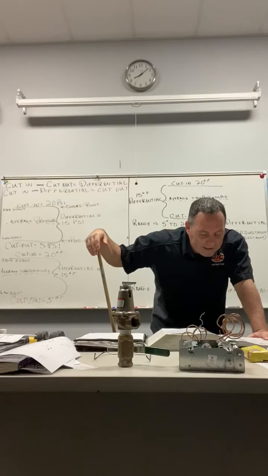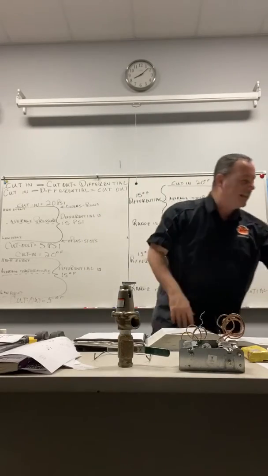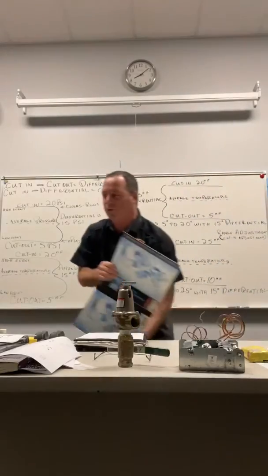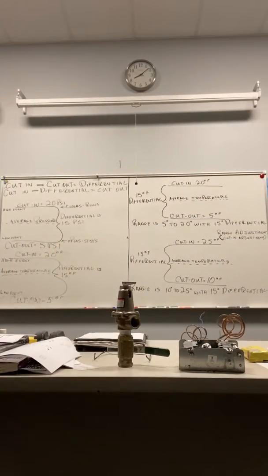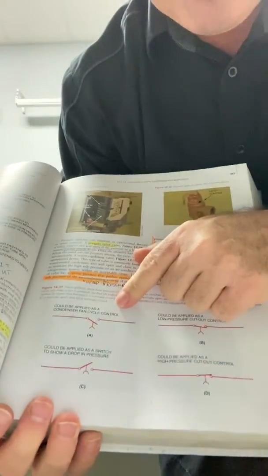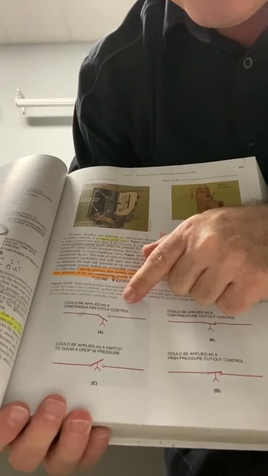Pressure controls can either open or close on a rise of pressure, and are classified as open on a rise in pressure or close on a rise of pressure. They can do both. So let's look at this in the book real quick. The first one could be applied as a condenser fan cycling control.